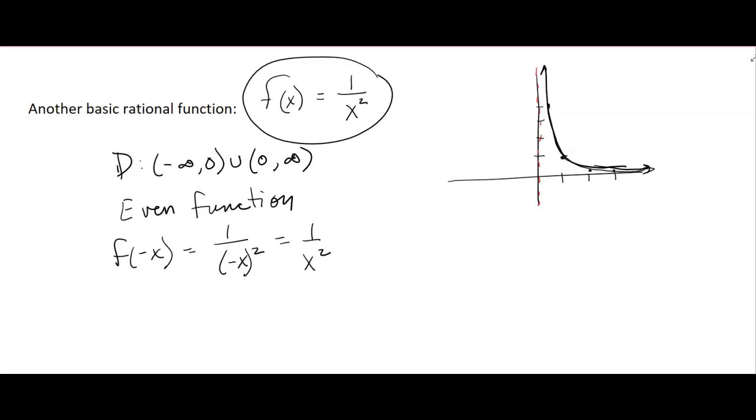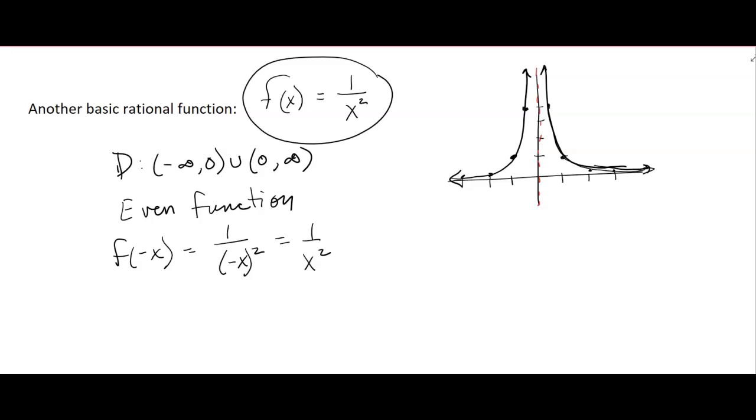So the point 1, 1 has another point, negative 1, 1. And the point 1/2, 4 has the point negative 1/2, 4. And when we put in 2, we got 1/4. And when we put in 3, we got 1/9, right? Okay, so there's the symmetry, and it looks like that.